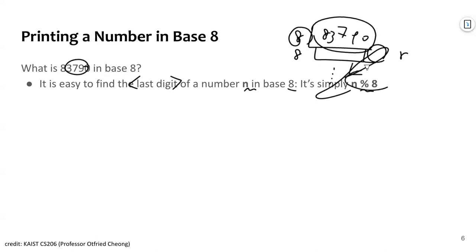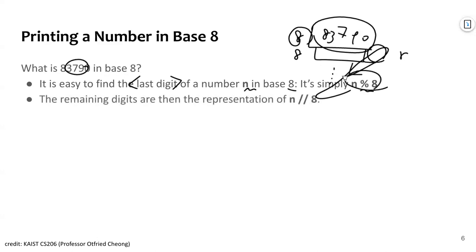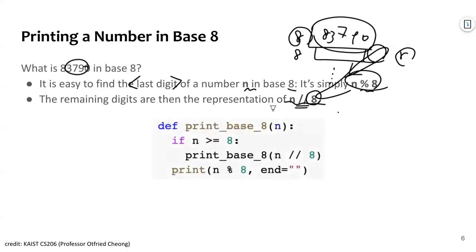It will simply give you the remainder. And the remaining digits, after we calculate this remainder, is n//8. This will not think about the numbers after the dot, like floating numbers, right? It will always return integers.